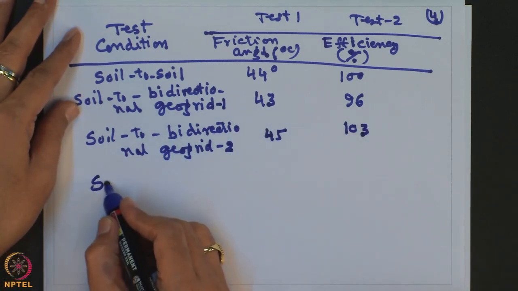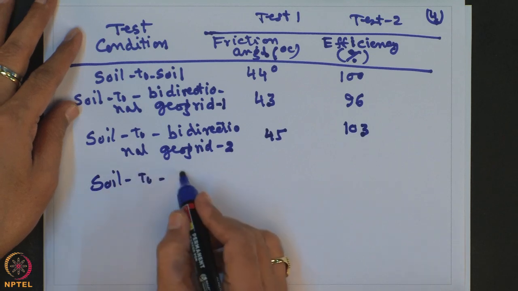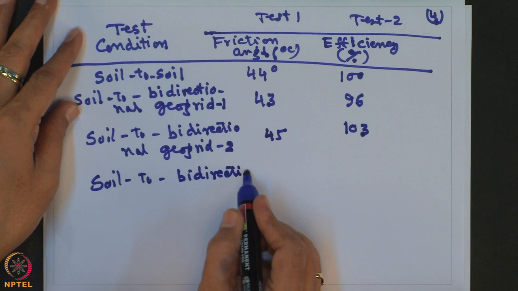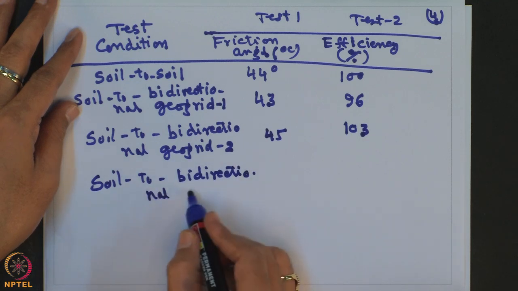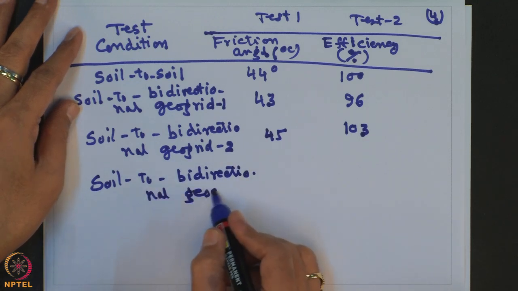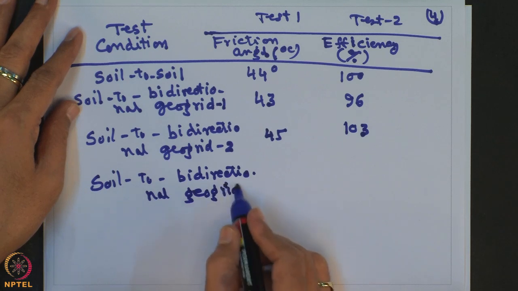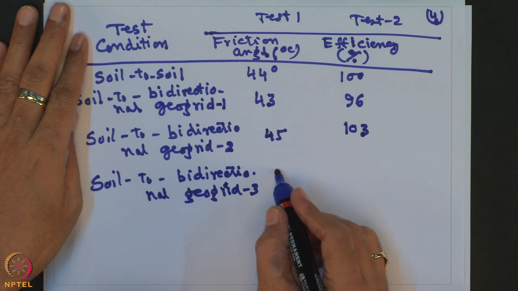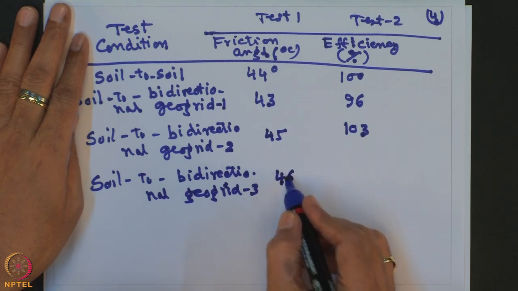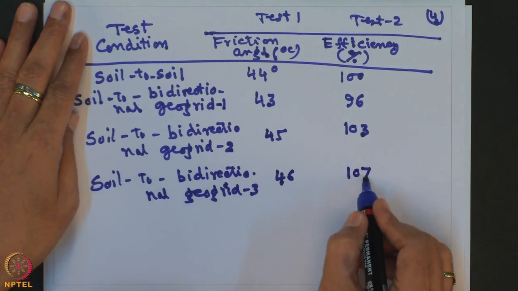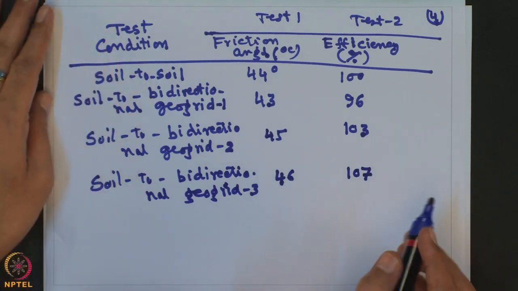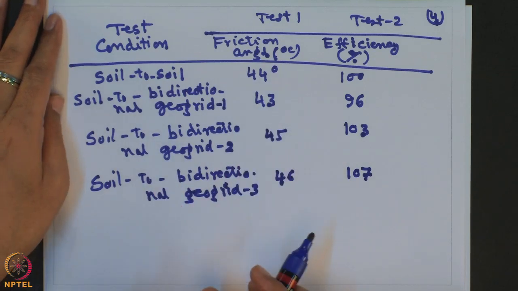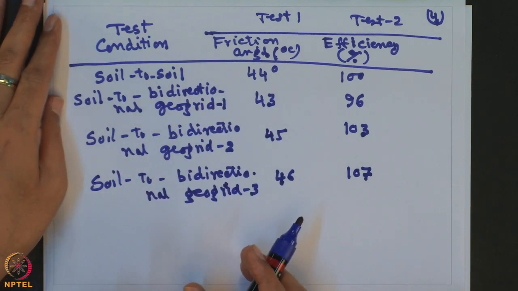So, let us say soil to bidirectional geogrid 3, the friction angle is 46 and efficiency is 107. So, there are different types of material under different test conditions.